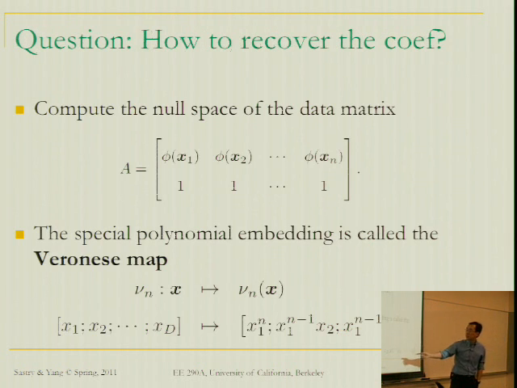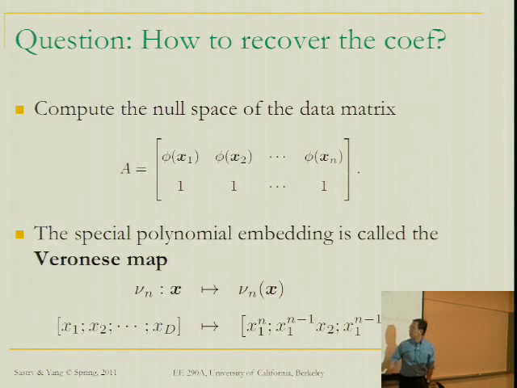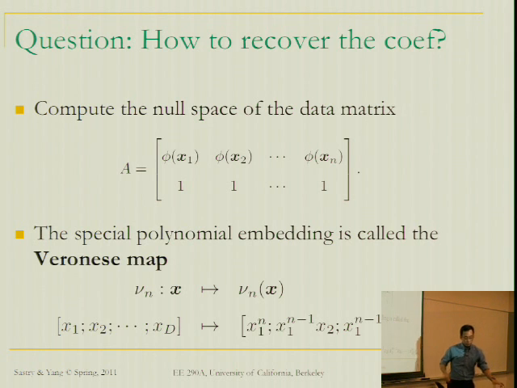So this is the basic rule. If I tell you capital D and small n, how many terms are we going to have after the Veronese map? So this problem boils down to this.